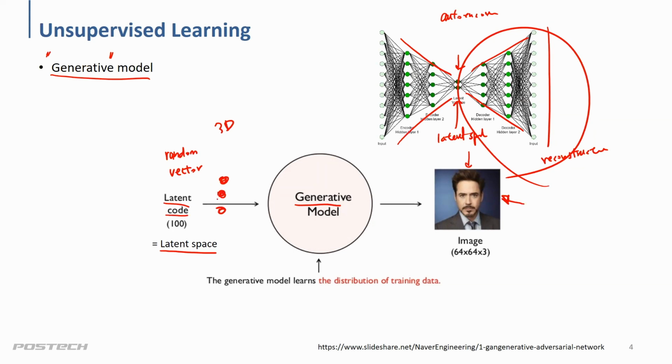So this will generate some random numbers, and through the generative model, say 64 by 64 with 3 colors, we reconstruct the original image. And maybe we need at least 100 or 200 latent variables or latent codes. That's the idea of generative models.